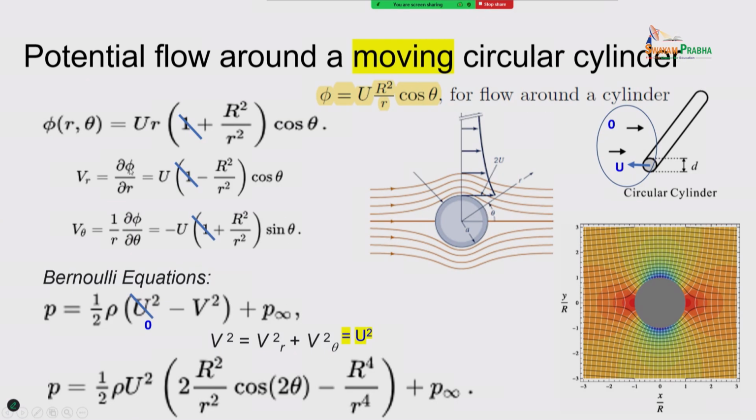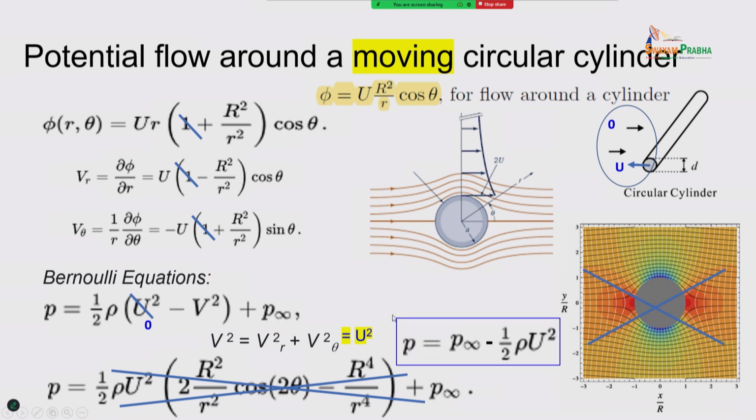You already say V_R equals U R squared over small r squared times cosine theta, and V theta is U times R squared divided by small r squared times sine theta. And cosine theta squared plus sine theta squared gives just U squared. After that, you say this expression will be different.